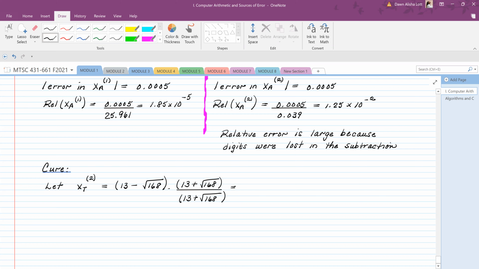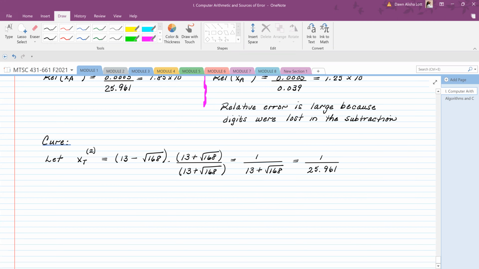So that ends up giving us 1 divided by 13 plus the square root of 168. But this now gives us 1 divided by 25.961. So now when we do 1 divided by that number, notice we're still carrying 5 digits.